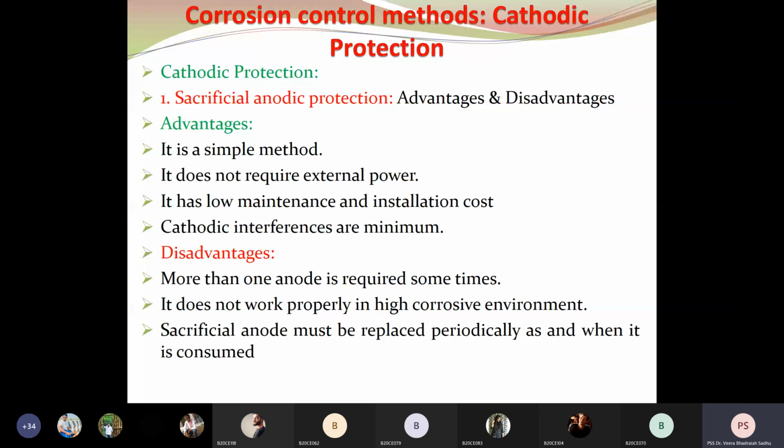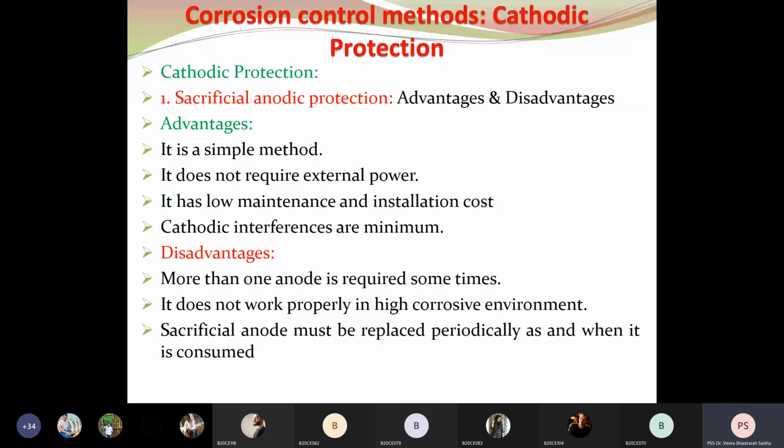And there are also disadvantages. Sometimes we may require more than one anode. That is one disadvantage. And sometimes it does not work properly in a highly corrosive environment.